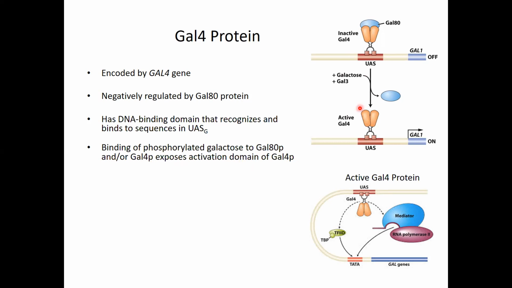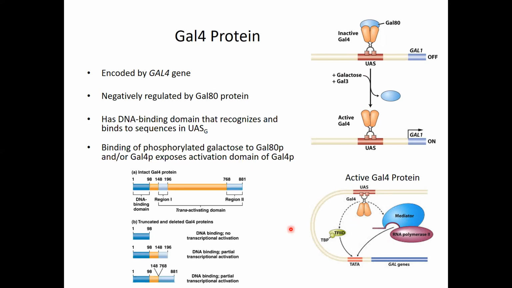So it kind of opens it up. It's like, oh, I need to get things done. Come on, guys, we need to get started. And it essentially recruits everything that you need to start transcription, okay?